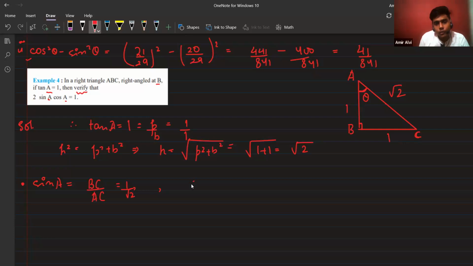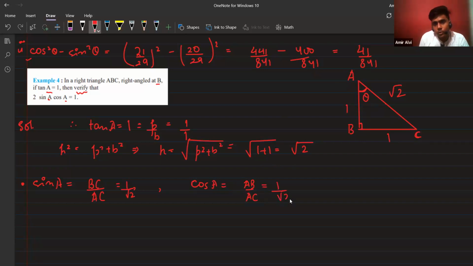Now, what is the value of cos A, dear? Cos A is AB by AC. Theta is making an angle with AB, and this is the hypotenuse. So 1 by root 2.